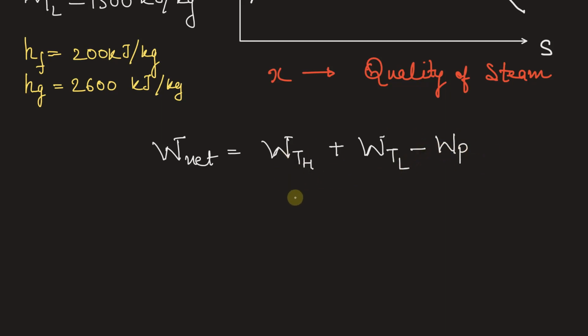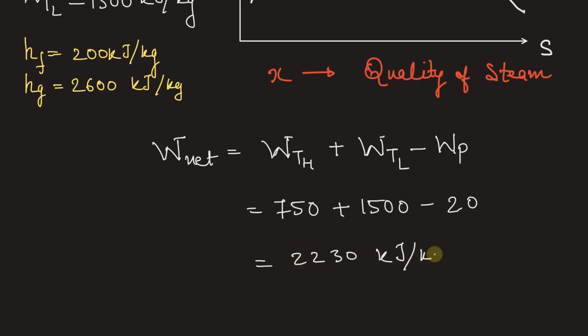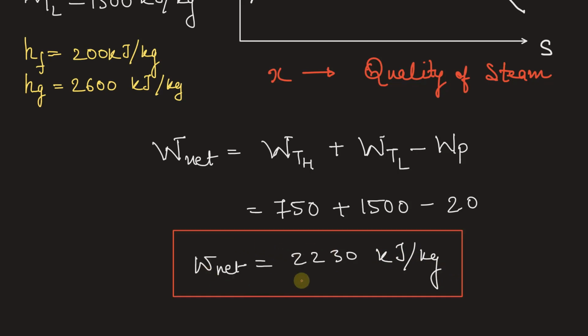These values are given: 750 plus 1500 minus 20, which is 2230 kilojoule per kg. Therefore this is the net work done per unit mass.